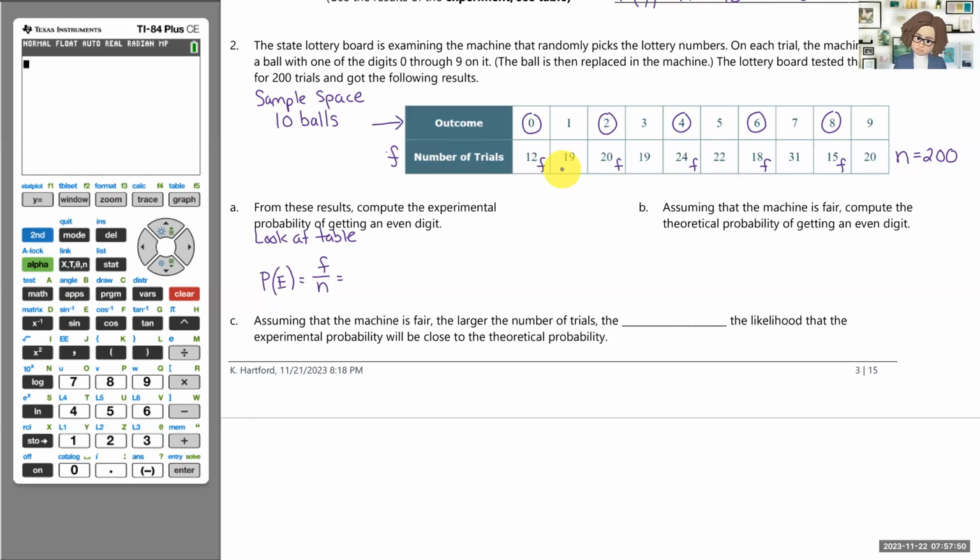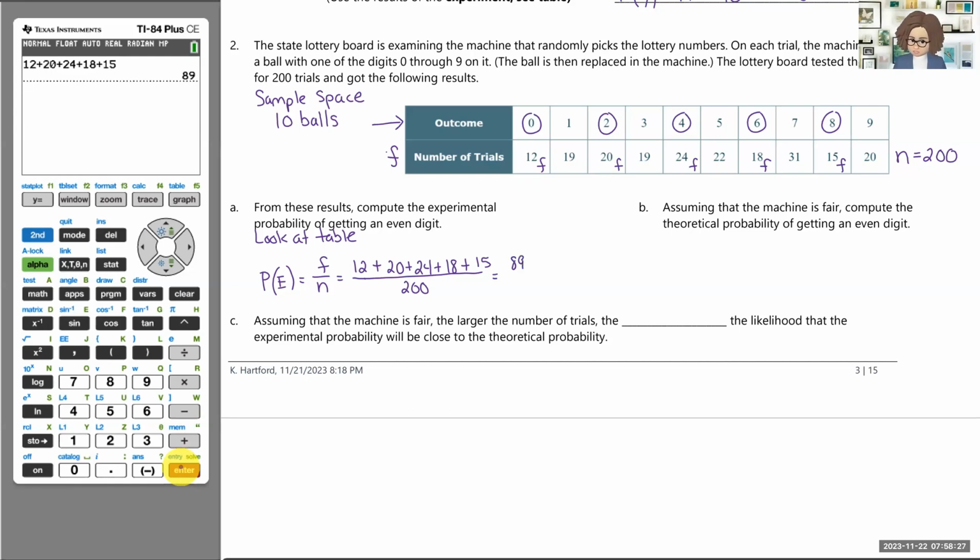All right, so the machine picked the 0 ball 12 times, plus the 2 ball 20 times, plus the 4 ball 24 times, plus the 6 ball 18 times, and it picked an 8 ball 15 times. So out of 200 outputs, we add our numerator there, we will find we got an even ball 89 out of 200 times.